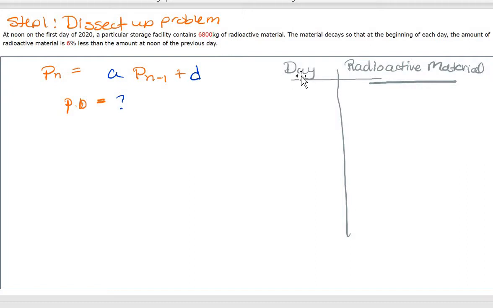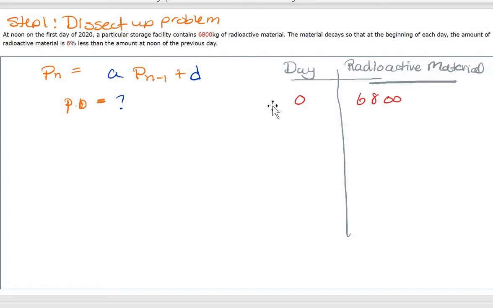Here, we're looking at radioactive material. So that's the first thing, is to lay out what your N is, days, and what your P sub N is. It's the radioactive material on day N. Same thing. So I got my first piece of information on day 0. When we start, they had 6,800 kilograms of radioactive material.